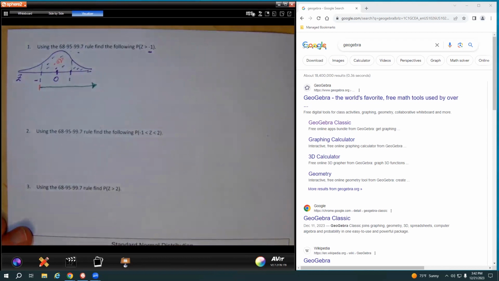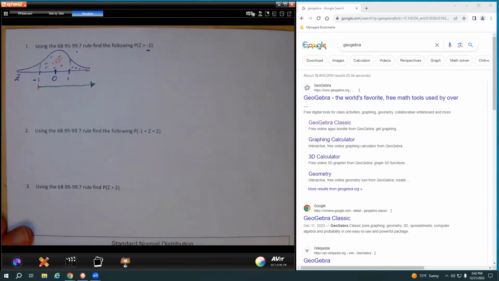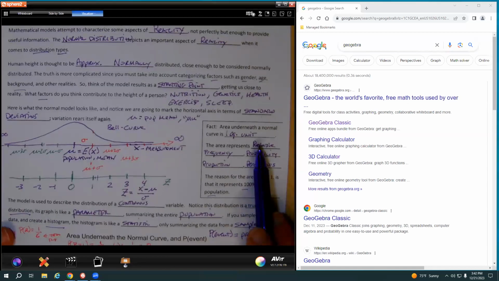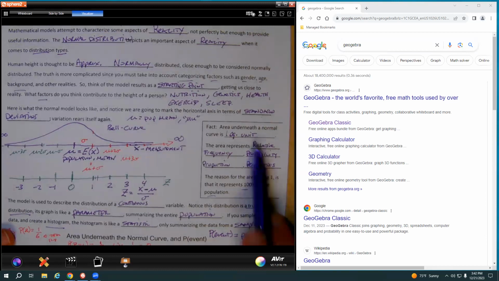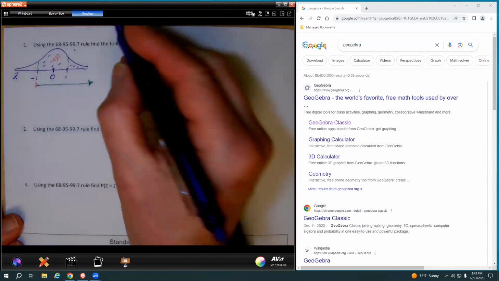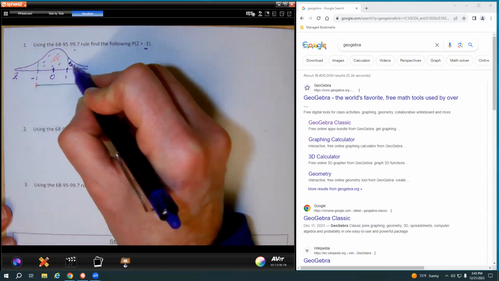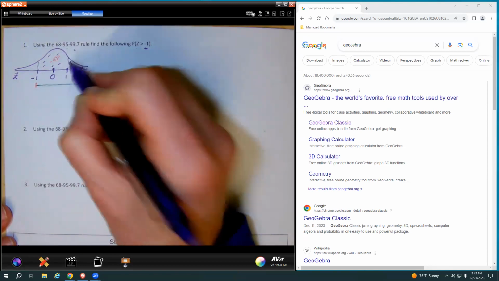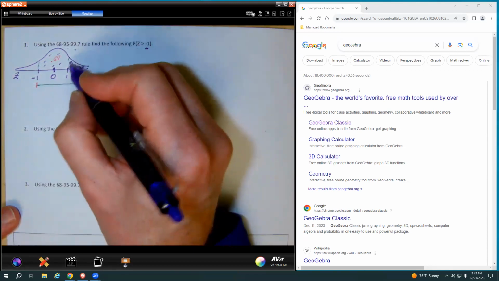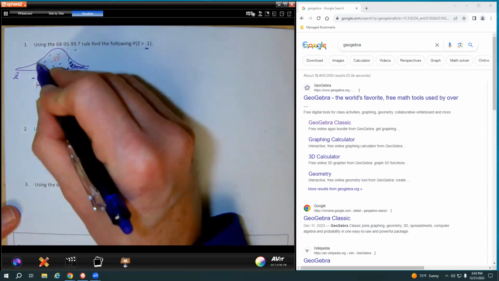And now here's where knowing facts in statistics is important. One thing that you want to memorize is this: the area under a normal curve is 1 square unit, the entire thing. So how does that help us? Well, I know this part, but I need to know what this area is.